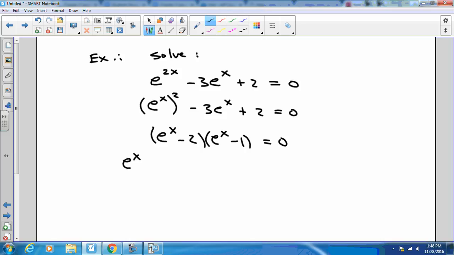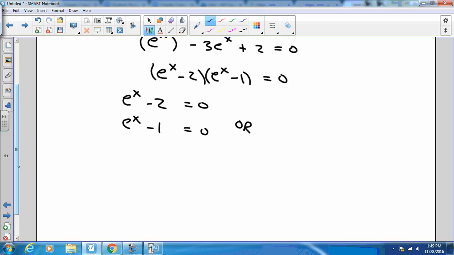Now I can appeal to the zero product property and say that either e to the x minus 2 is equal to 0, or e to the x minus 1 is equal to 0. In the first case, that would tell us that e to the x is equal to 2, and so x is equal to the natural log of 2.